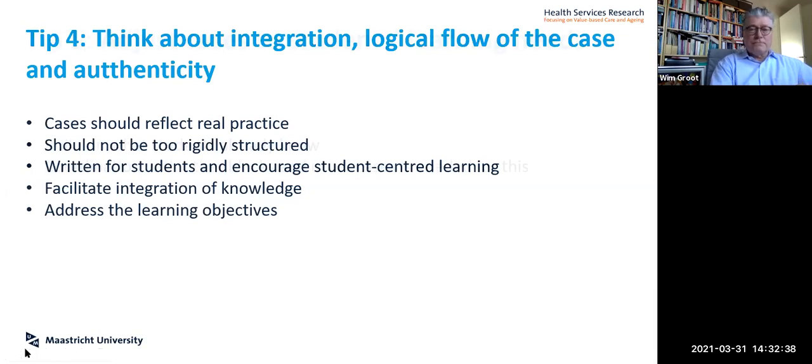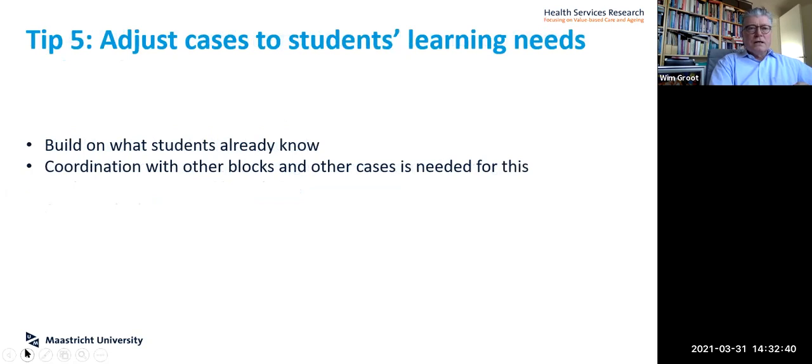Can we go to the next? The fifth tip that they give is that it's good to adjust cases to students' learning needs. It should build on what students already know. That is sometimes a challenge. In our bachelor and master programs, in each year you have about 12 units that they follow every year.